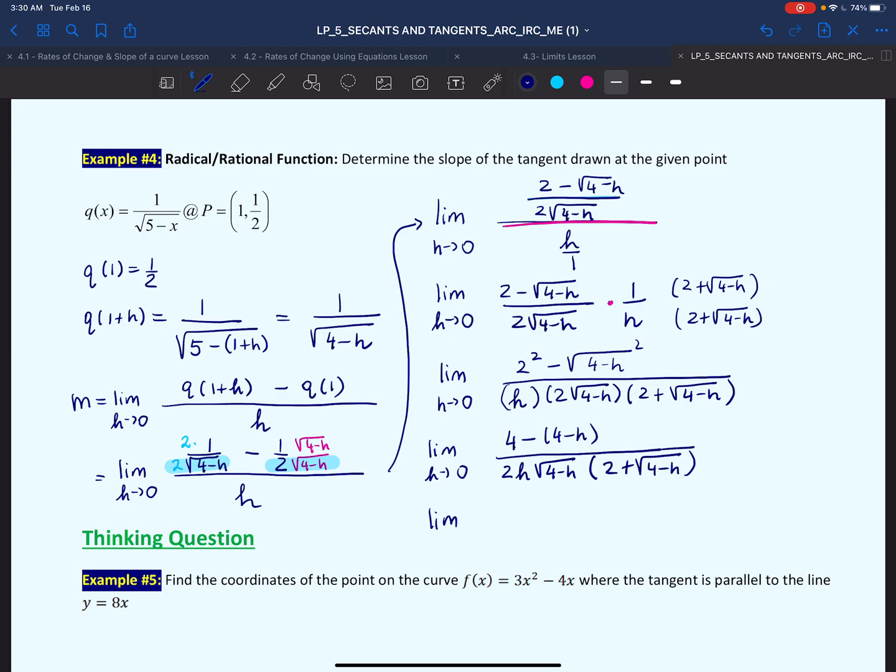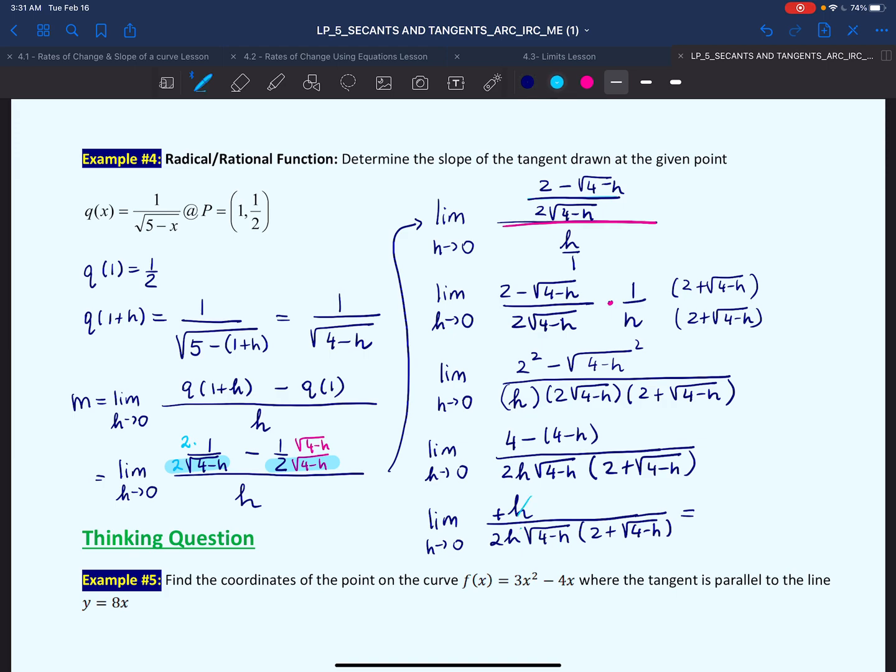That's the limit as h approaches 0 of negative h will give positive h, over 2h root 4 minus h, 2 plus root 4 minus h.